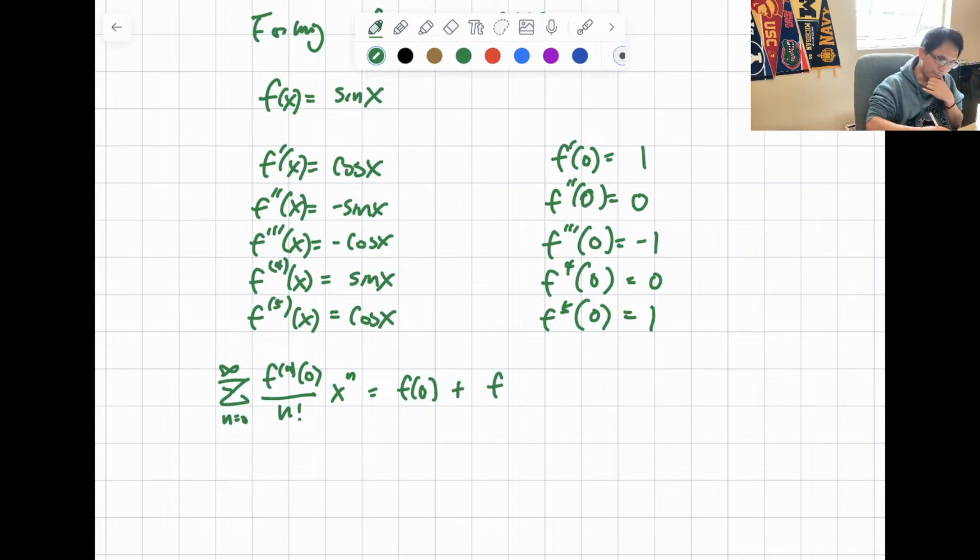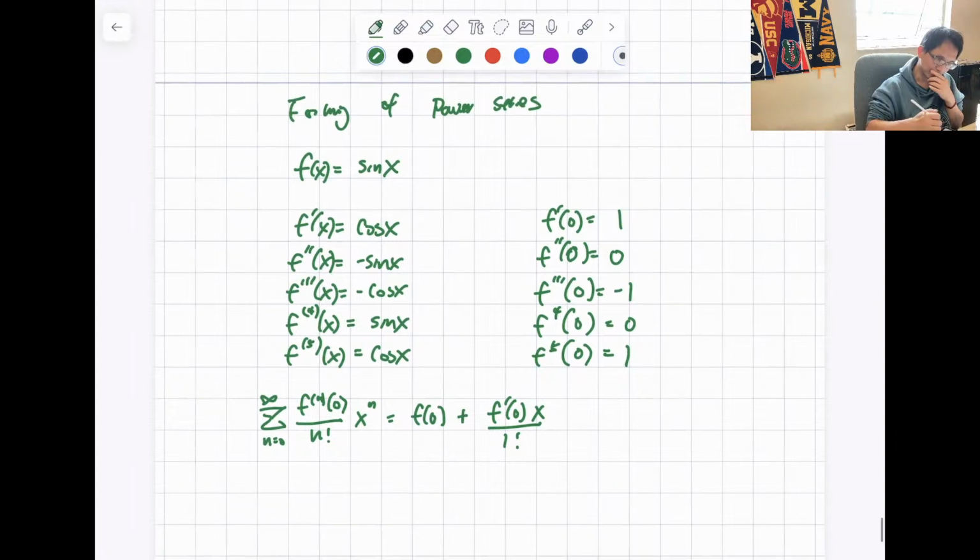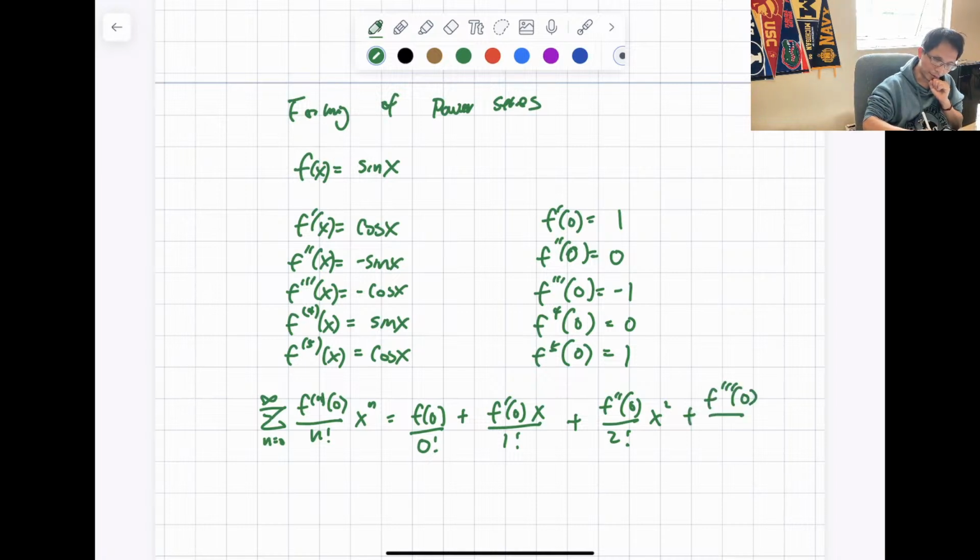Plus f prime of 0 times x to the 1 over 1 factorial, plus f double prime of 0 over 2 factorial x squared, plus f triple prime of 0 over 3 factorial x cubed, plus lastly f^(4)(0) over 4 factorial x to the fourth.